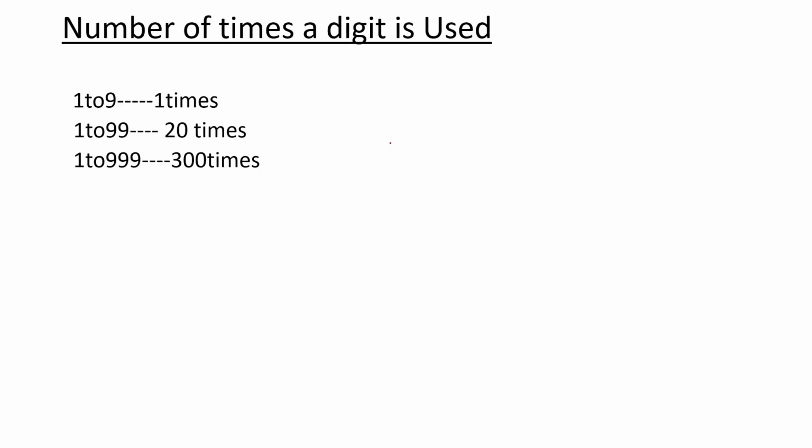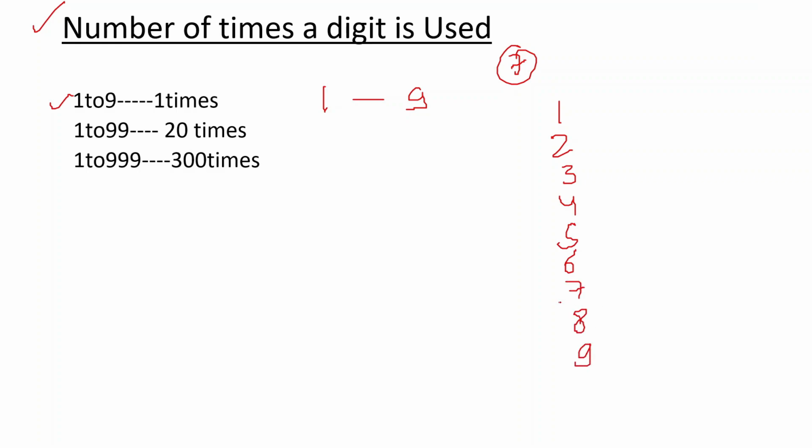So the last part regarding classification of numbers. You might have heard this thing, like find the number of times some digit is used. Like if you're writing numbers from 1 to 9, how many times have you used, let's say, 7? If you write 1, 2, 3, 4, 5, 6, 7, 8, 9, you have used digit 7 once.